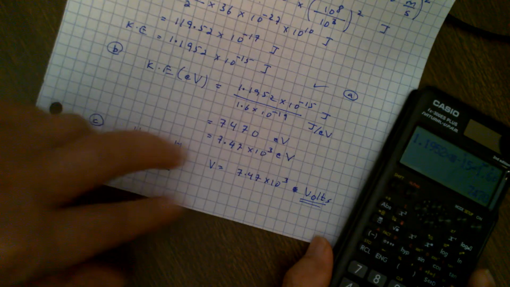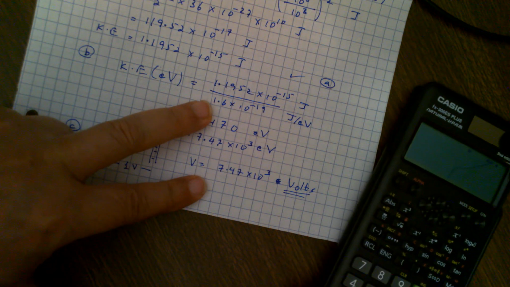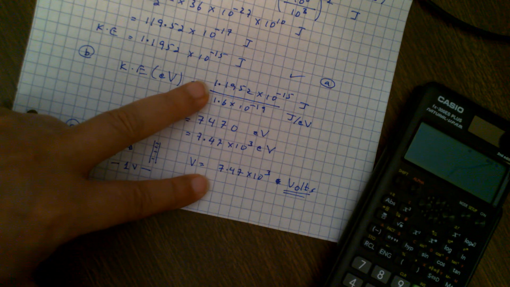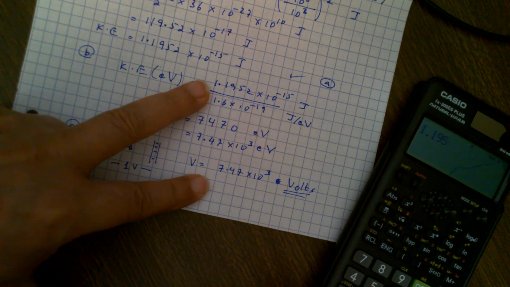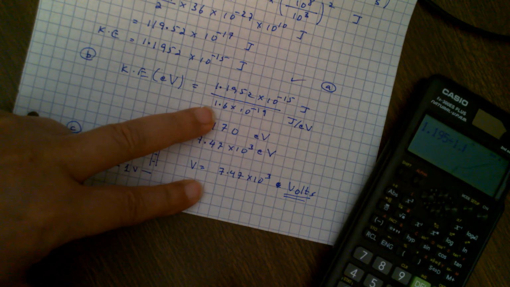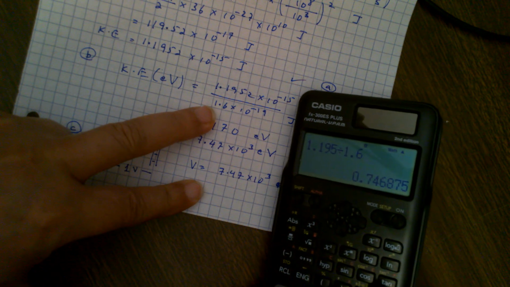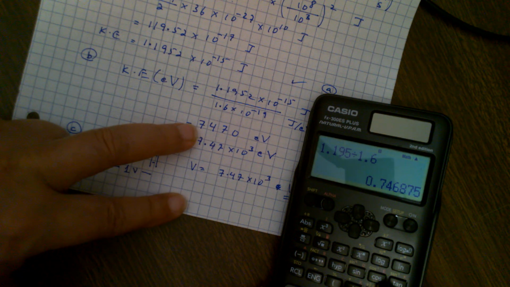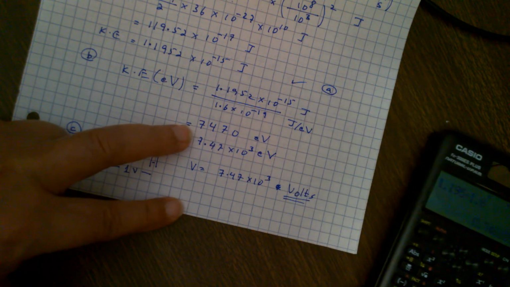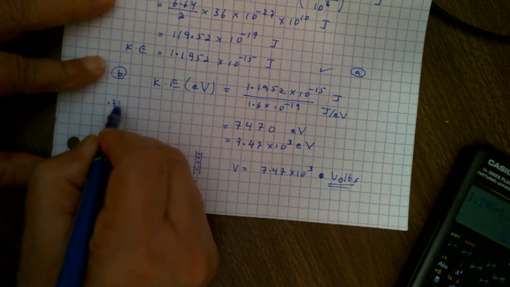So here, when I calculate this, one thing is I can also divide 1.195 divided by 1.6 first. I get 0.7468, so let's say 0.747.